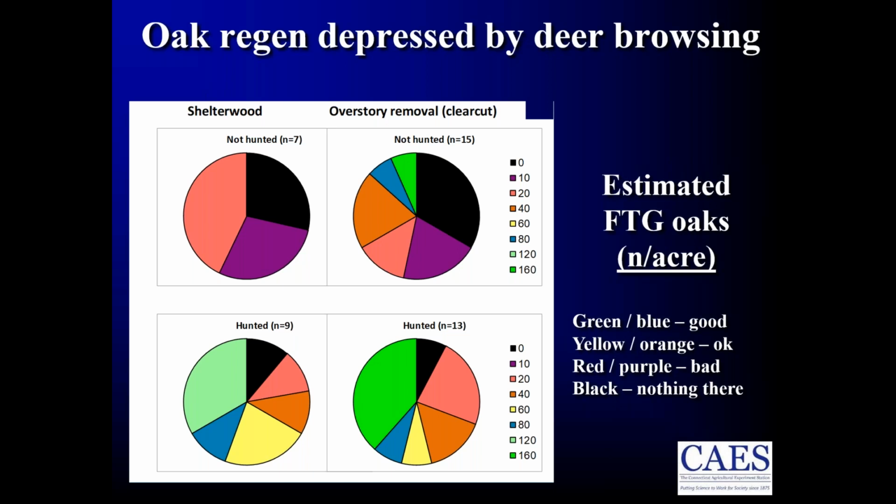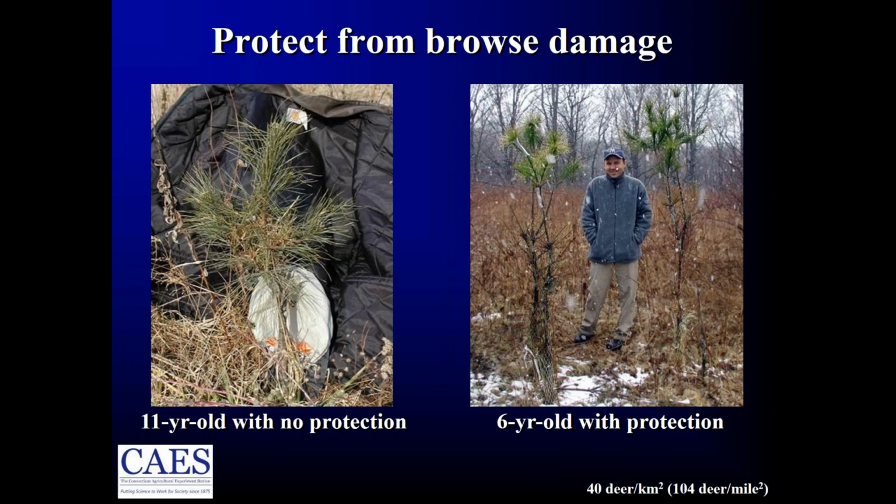Or if we look in the shelterwoods where we had hunting, even with a goal of 60 oaks per acre, 2/3 of those stands had acceptable oak regeneration. And I should say in most of the areas that weren't hunted, the regeneration we had was primarily black birch and beech. And some of them had red maple, not a good mix.